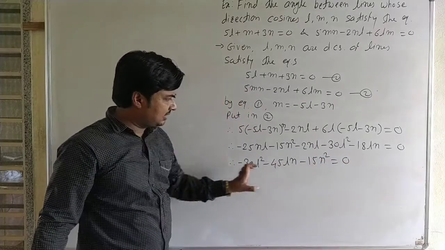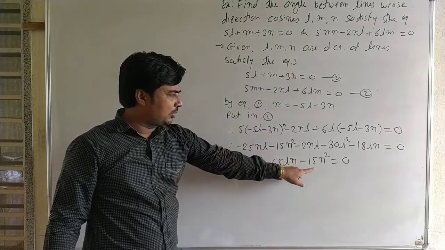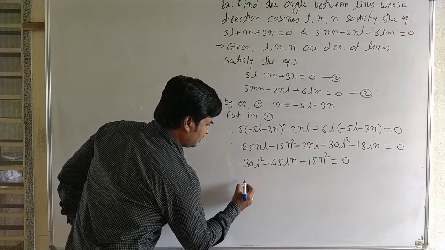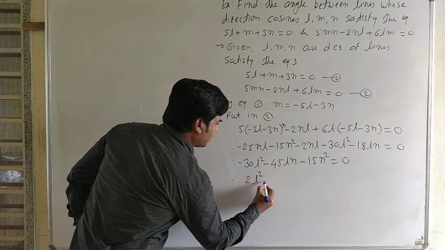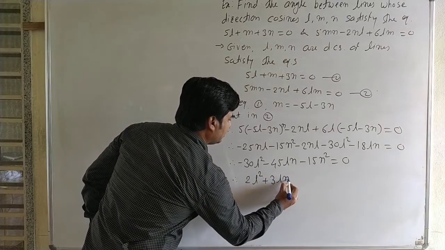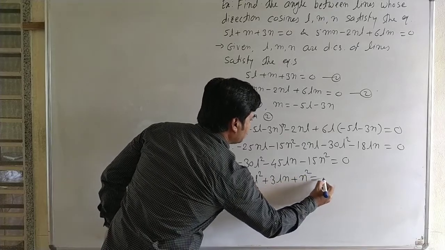Then this is the expression. Now here minus 30, minus 45 and minus 15, take minus 15 common, therefore we get 2L square plus 3LN plus N square is equal to 0.